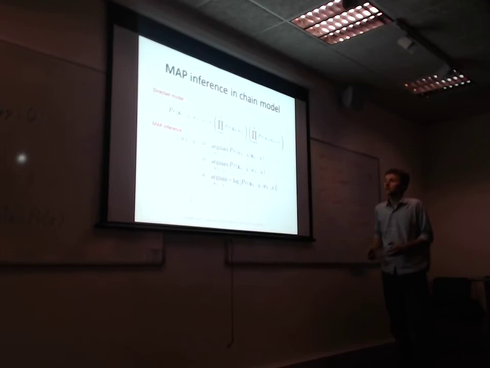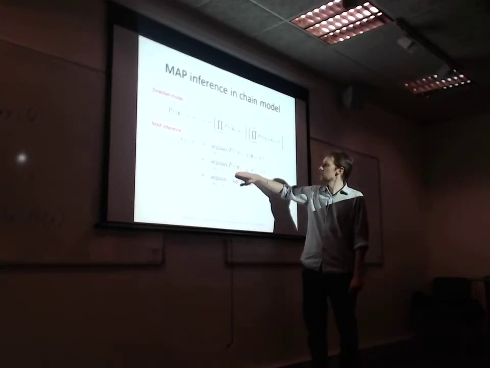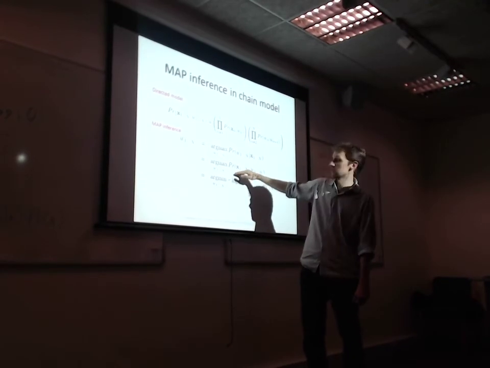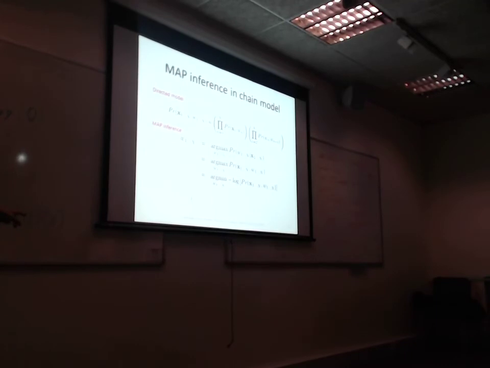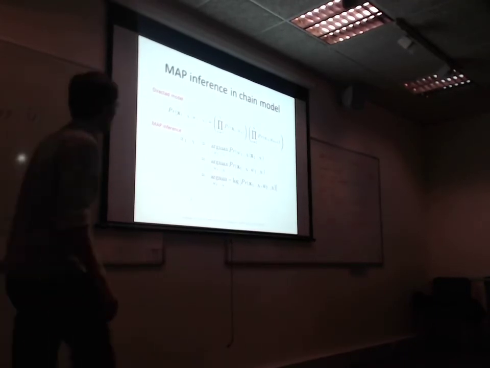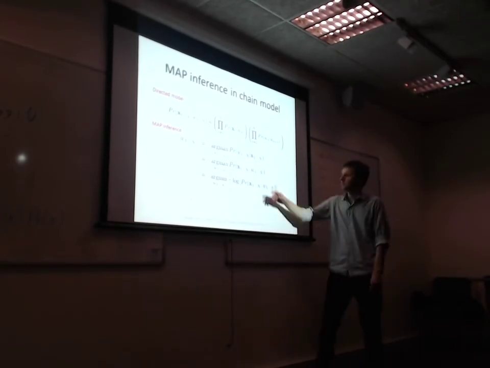So if we have this, we know that we can move the term probability of x over to the other side. This is like our normalizing term. And so we're left with probability of w given x. Right.